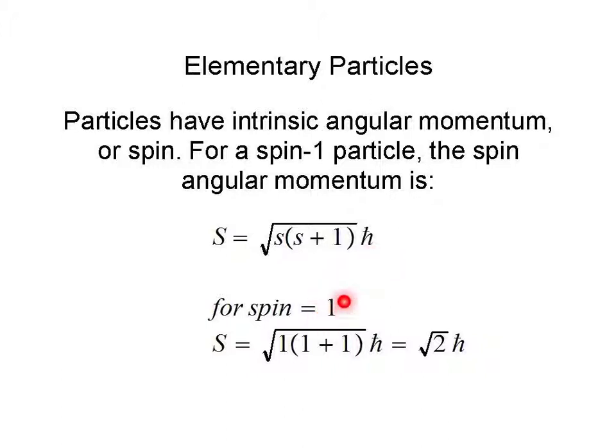If it's 1, we find that the spin angular momentum is equal to the square root of 1 times 1 plus 1, which is 2, times h bar. So the spin angular momentum is the square root of 2 times h bar. And this value is our conserved initial angular momentum.